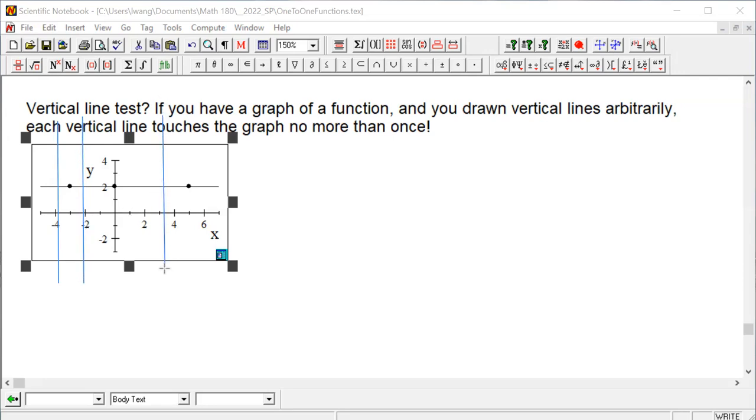Each vertical line, so let's look at any particular vertical line. Each vertical line, if it touches the graph, for example, it touches the graph right here, at this point of touching, it tells us what?